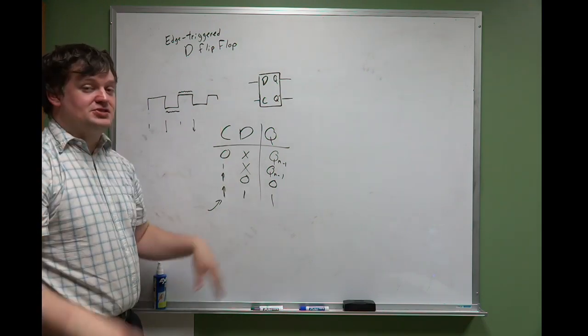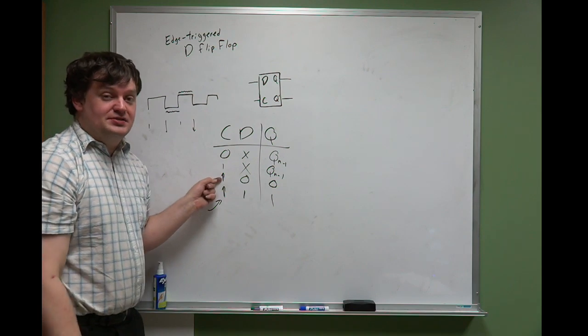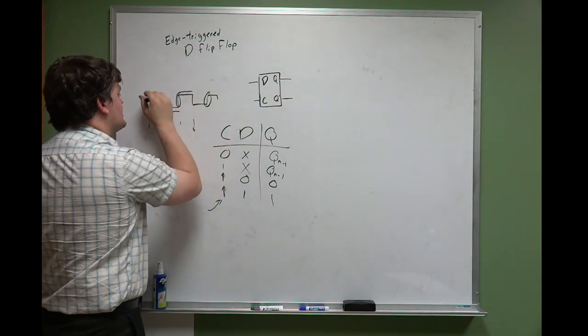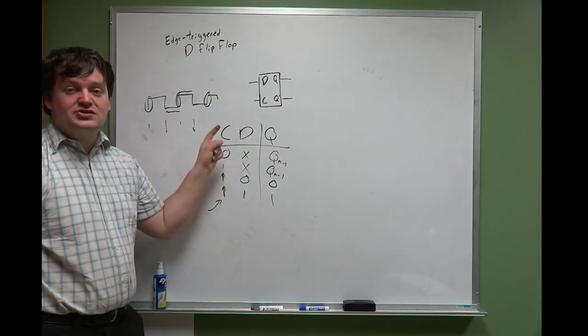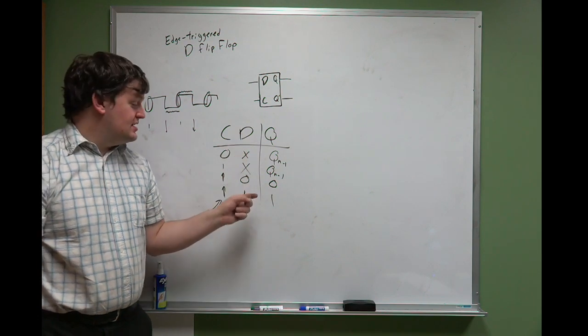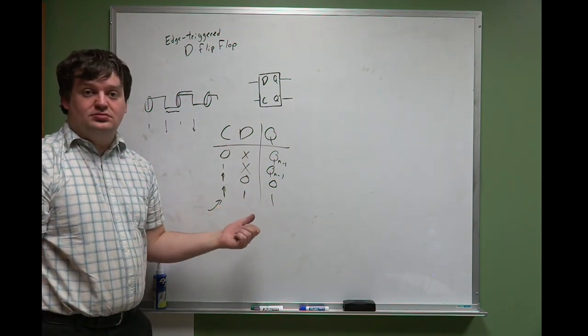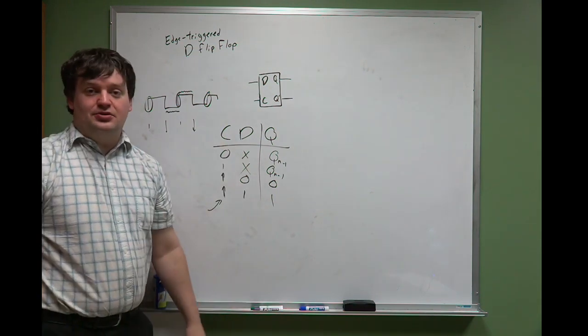The flip-flop is just hanging out. If a leading edge is detected, which only occurs here, here, and here, then it takes whatever is coming in as signal D, and it says, make it that. Whatever D is, it saves that as Q.